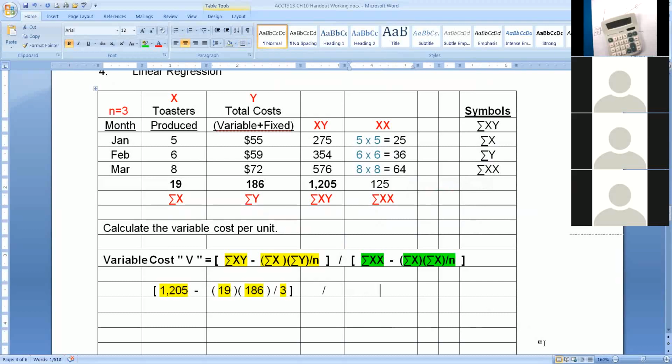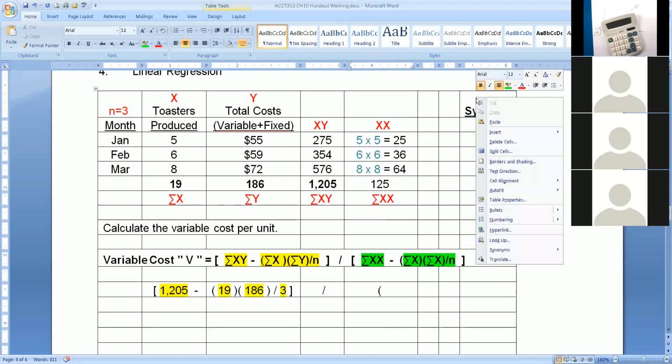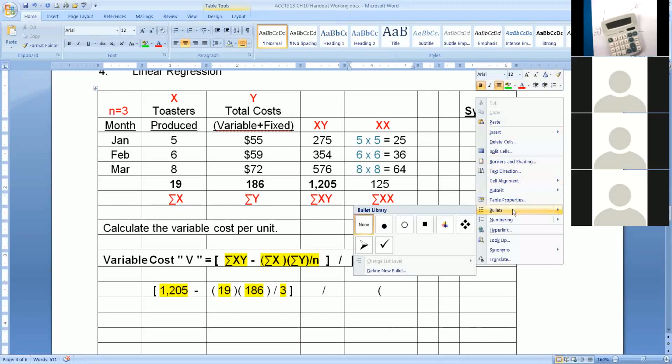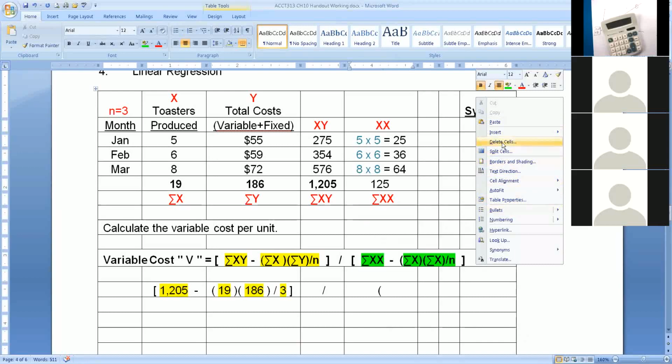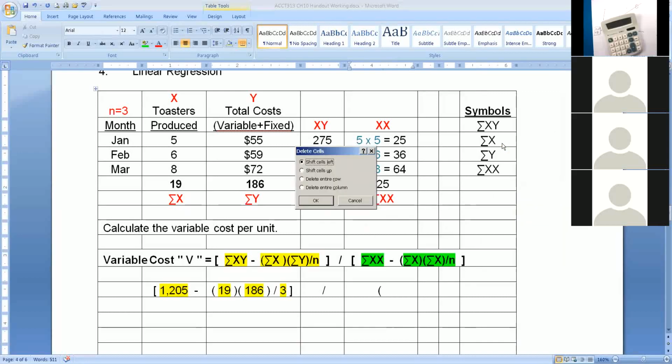Okay, so coming here, so this will be, I goof mine all up. We need to delete a column. I don't think it lets me delete a column.